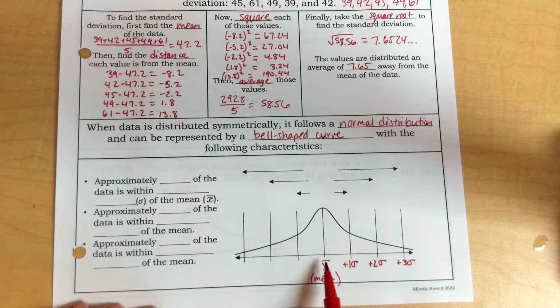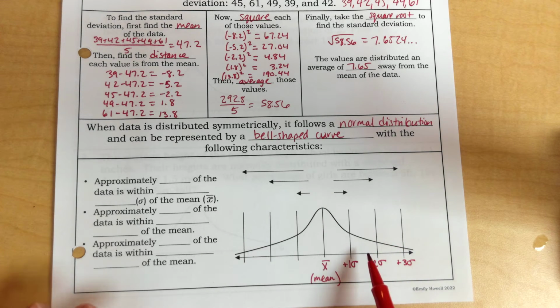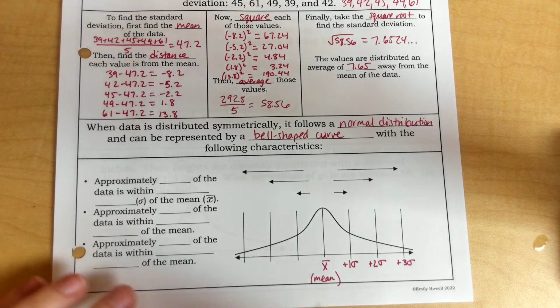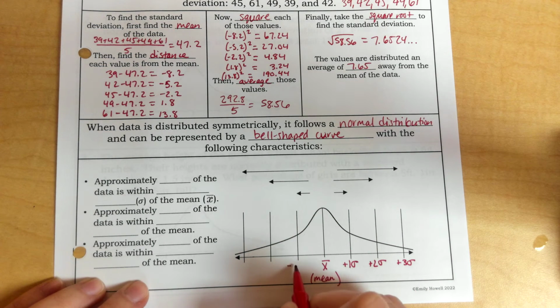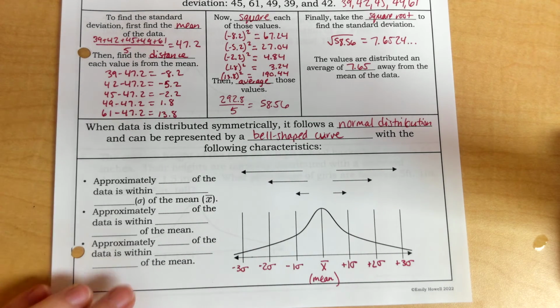So any numbers between 47.2 and 54.85 would fall in this area of the curve, and so on. Then you would add another 7.65, and the next set of numbers would go here, and so on. Okay. Same thing happens to the left. We go minus 1 standard deviation, minus 2, and minus 3 standard deviations.